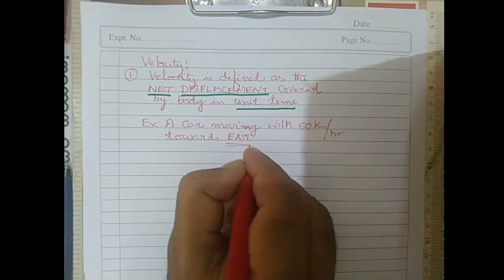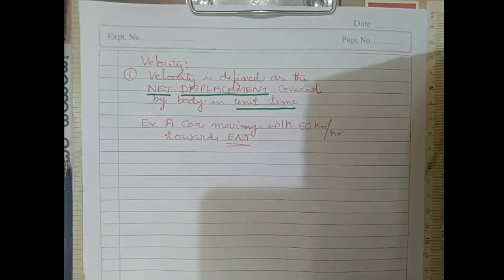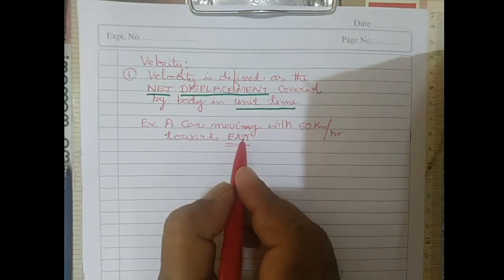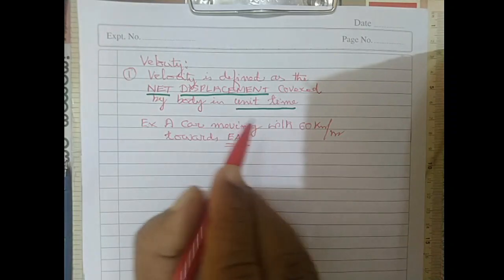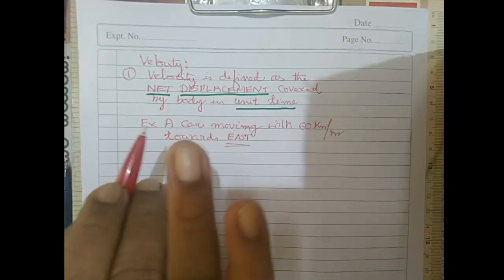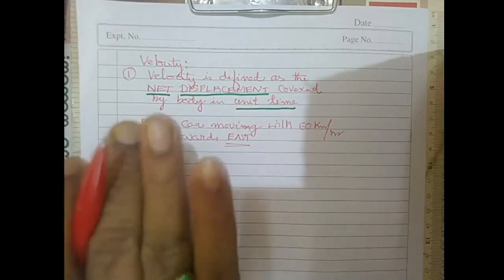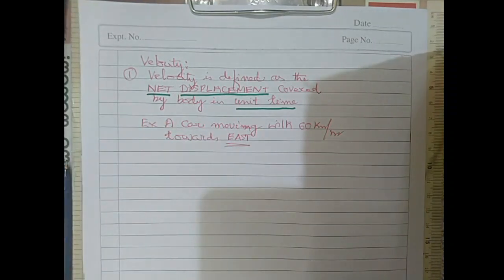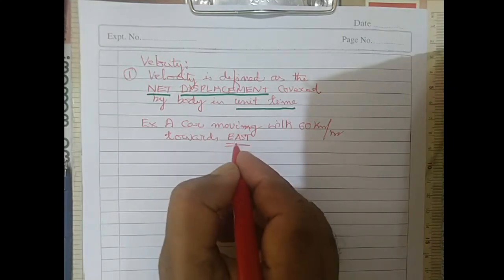Here the keyword is east because I am mentioning the direction. As I am mentioning the direction, we call it a velocity. If no direction, we call it simply speed. I mean to say, speed with direction is velocity. Without direction, it is simply speed.